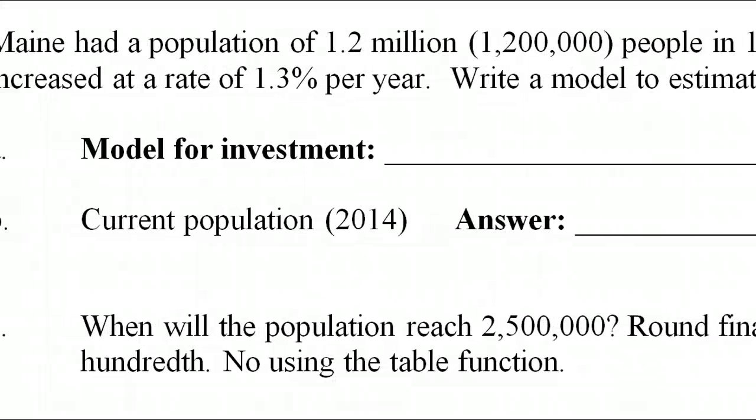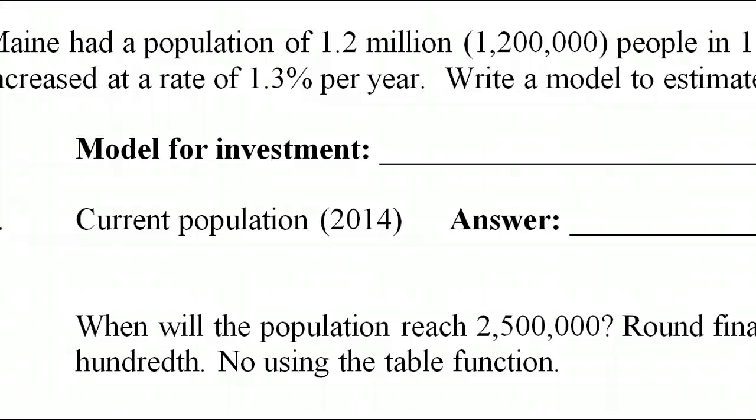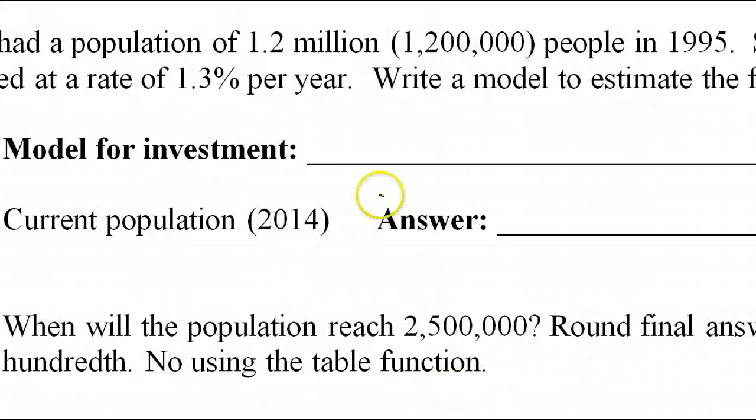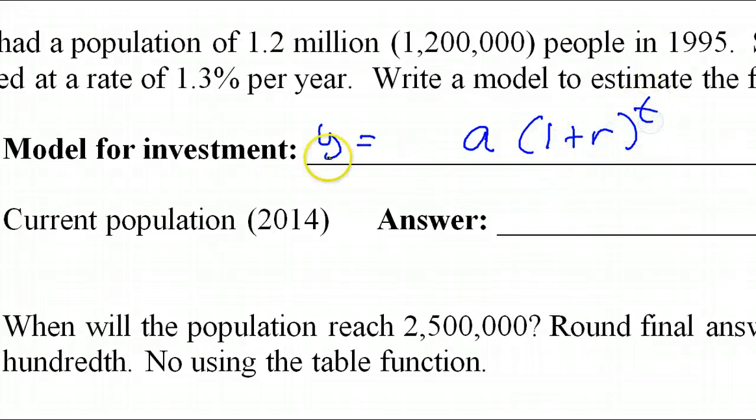We're writing a model. Now this is not compound interest, this is just simple growth. So we're going to be using the formula y equals the initial amount times 1 plus the rate to the t power.